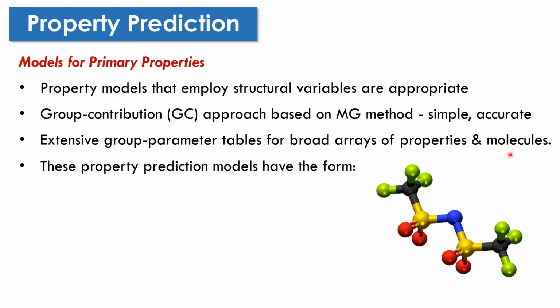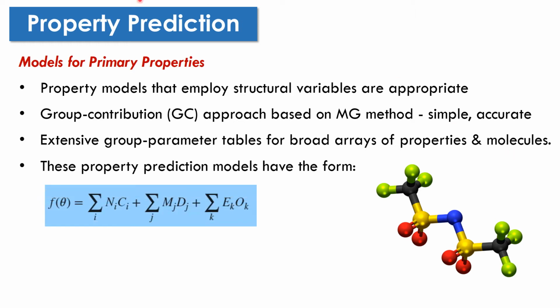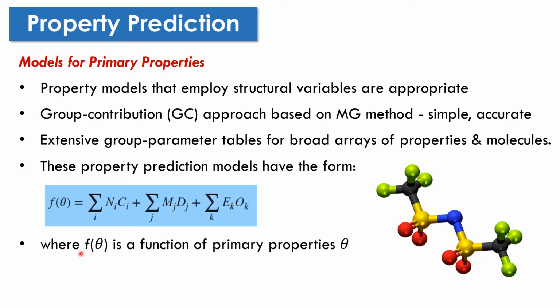So the property prediction model has this form. On the left side is f of theta. Theta is basically a primary property, so this is a function of primary properties.